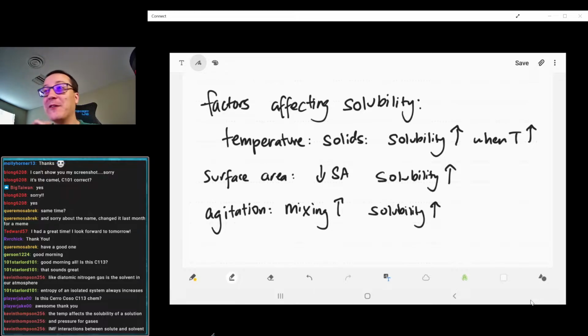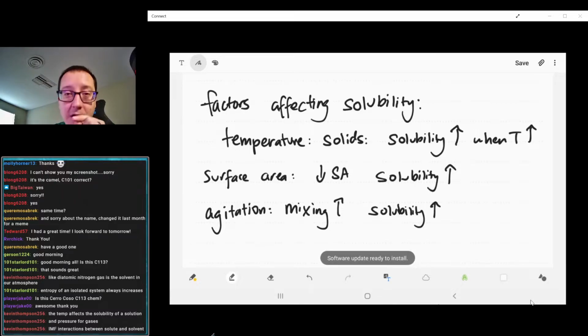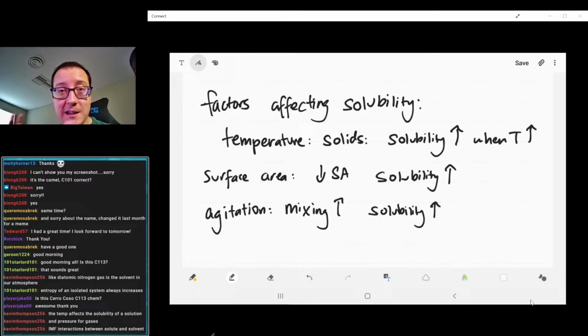But if you mix it, you're going to homogenize the solution. And if you think about it physically, what's happening here is you're basically bringing fresh water to your solute surface. So you've got your sugar crystal in there, and you're bringing water that doesn't have any sugar with it. By doing so, that water is going to be more likely to grab a sugar molecule and dissolve it.